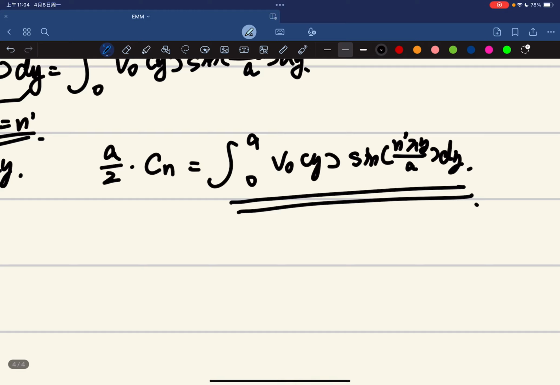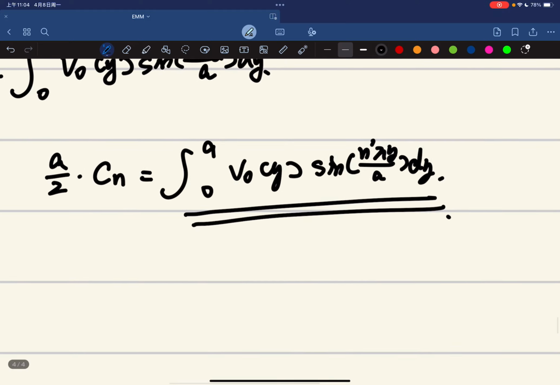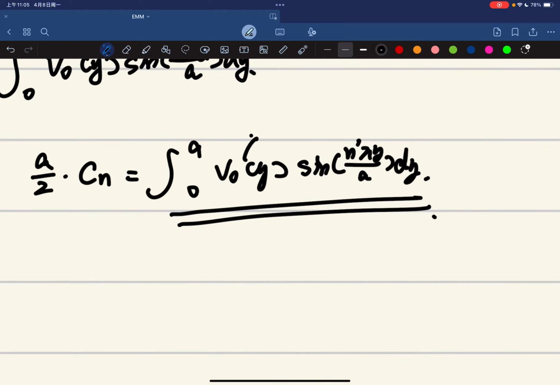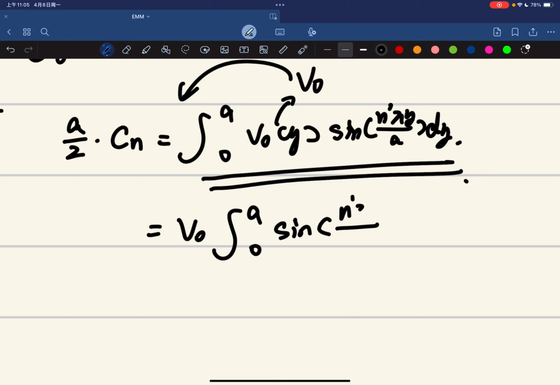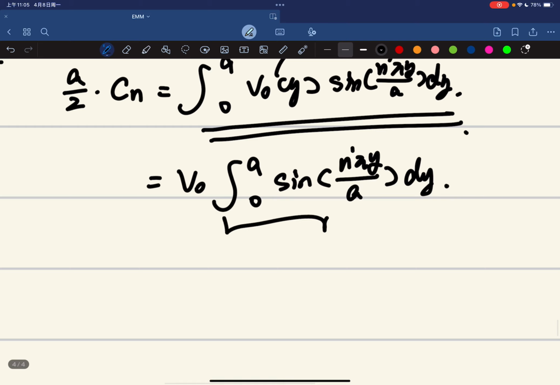Now I have to make the assumption that V0 is independent of y, so that I can move it out. Otherwise, I can't solve this equation. So let's just make that assumption. Now this is what I have. And what is this?